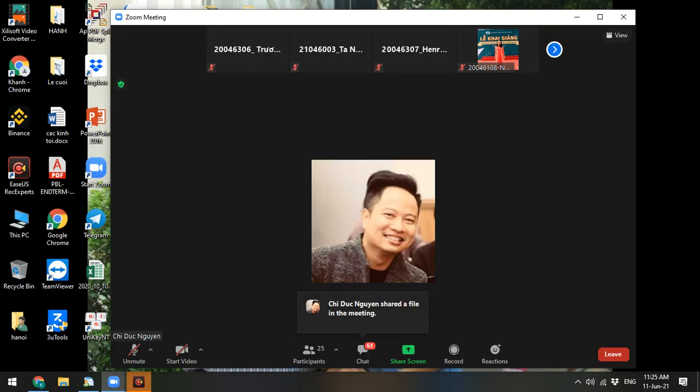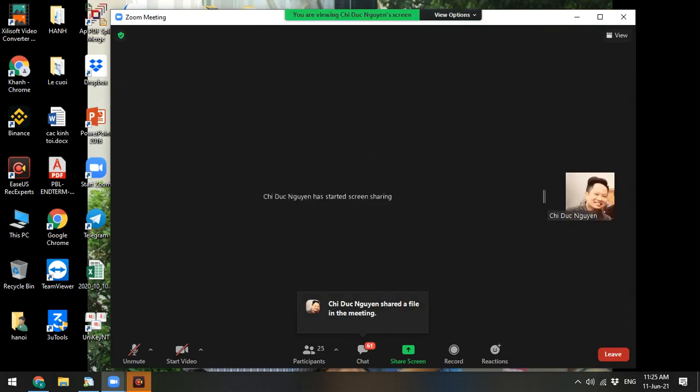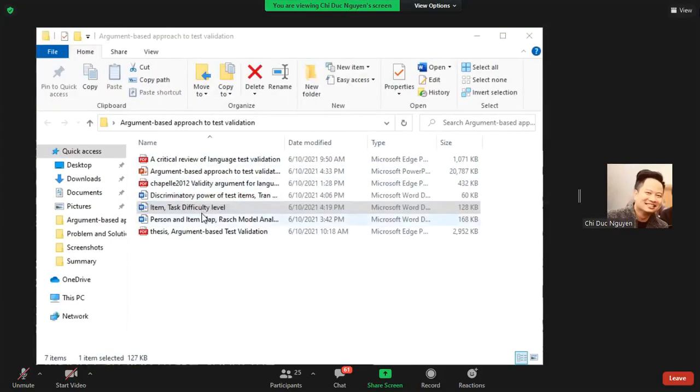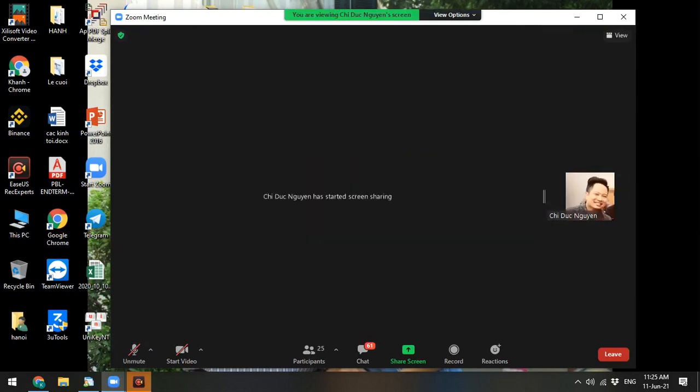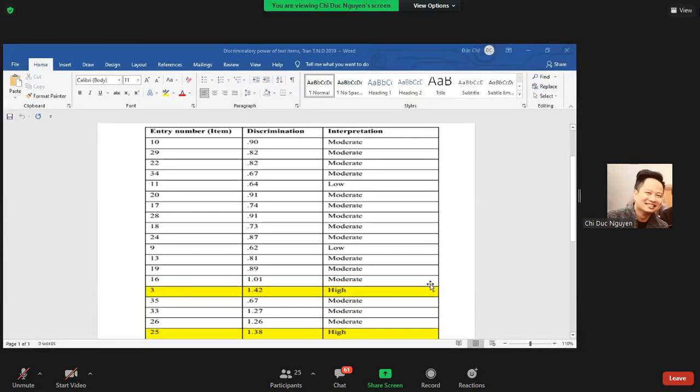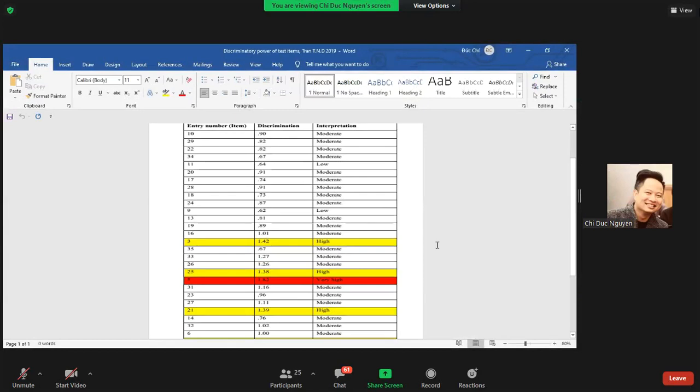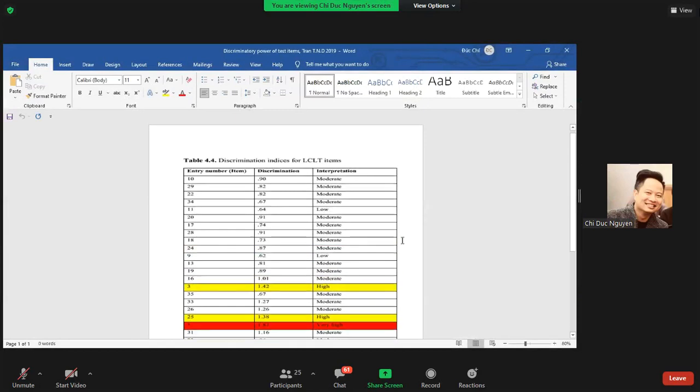Yes, the file is coming to you. Okay. So from this file over here, have you seen it? The discrimination indices.